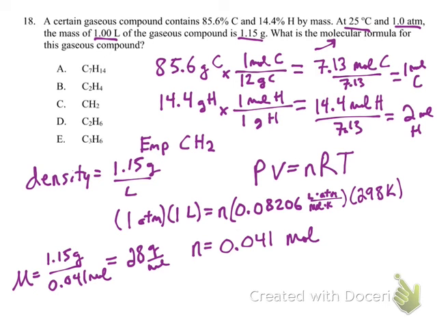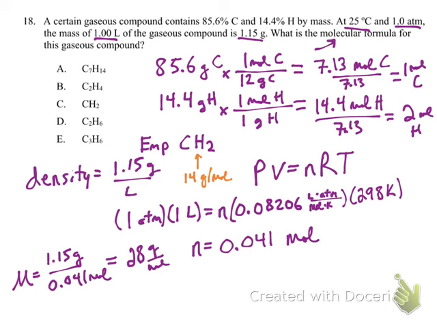Cool, so now we know the empirical formula up here, and we know the molar mass, which means we can find the molecular formula. So if we look at this here, this has a mass of 14 grams per mole. That does not match our 28 grams per mole. So we need to think about how many times 14 fits into 28.